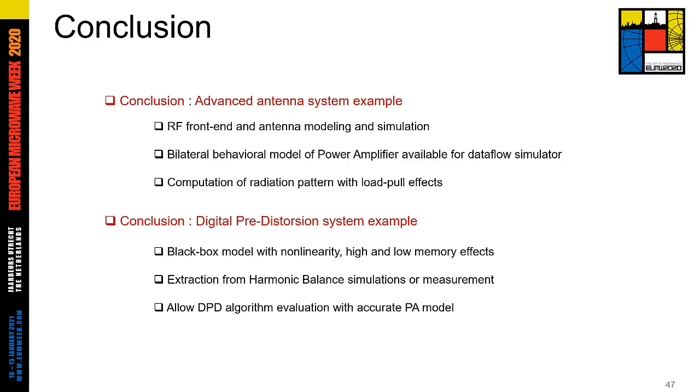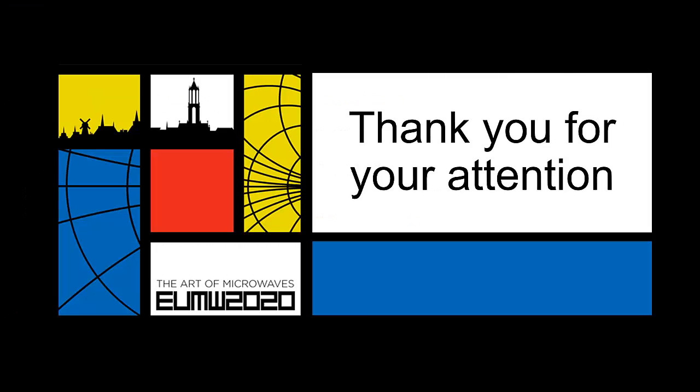And the model of the second allows to take into account the high and low frequency effects to evaluate in simulation a DPD algorithm before implementation in FPGA. So these two new advanced models are available at system level simulator to address the design of the new communication system. Thank you for your attention.